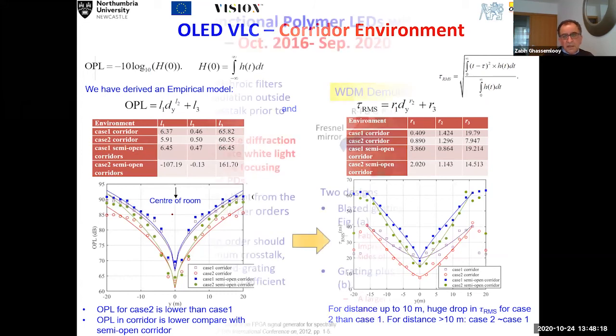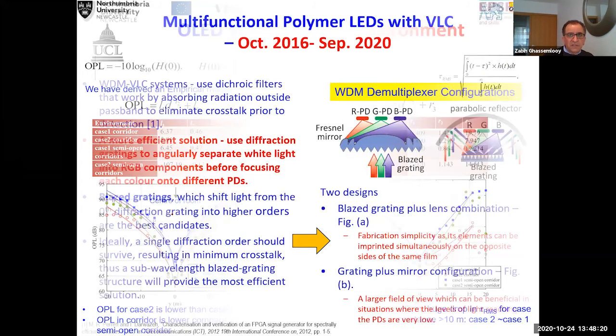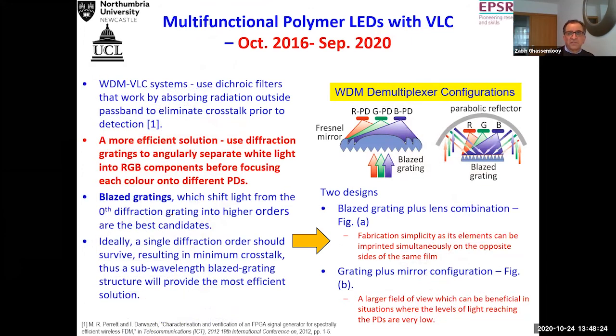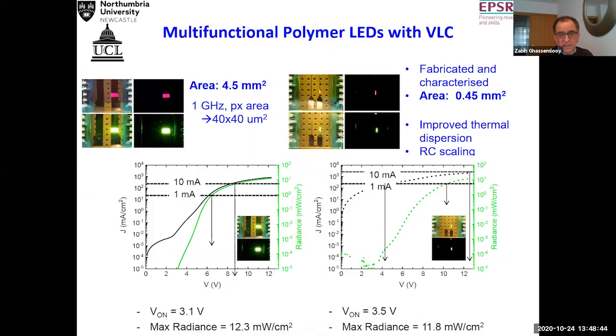Then we moved a step forward, because current OLEDs have a low bandwidth of up to 350 kilohertz. We had a big project with UCL in London, where we built new OLEDs and tested them, and these OLEDs increased the raw bandwidth by 3 times. These are the tiny OLEDs that were designed at UCL.